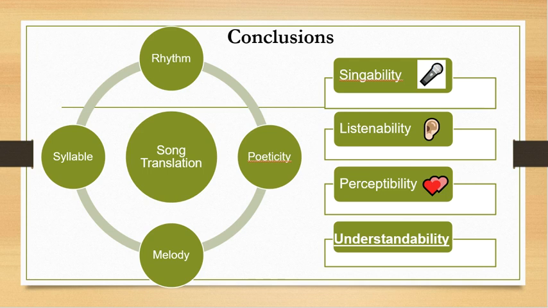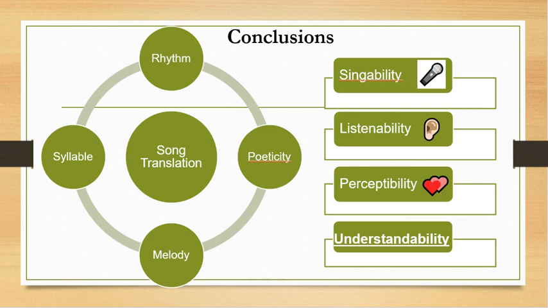Apart from singability, I will argue that listenability, perceptibility, and understandability are all important. The second and third are discussed from the aspect of audiences, while the last one is for both singers and audiences. To make it singable is significant because audiences can listen to the song directly through the language they speak.